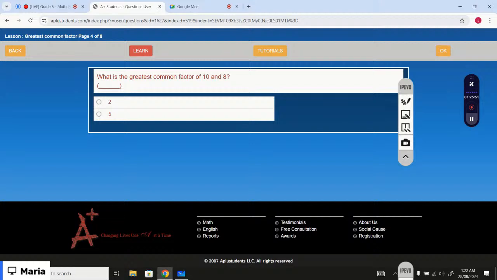Okay, the next one is what is the greatest common factor of 10 and 8? So which is the correct option?